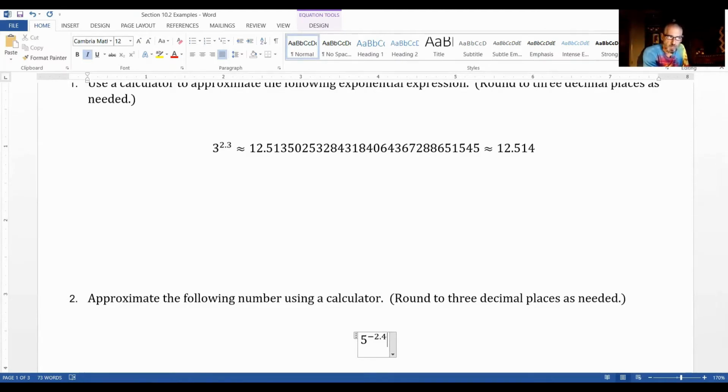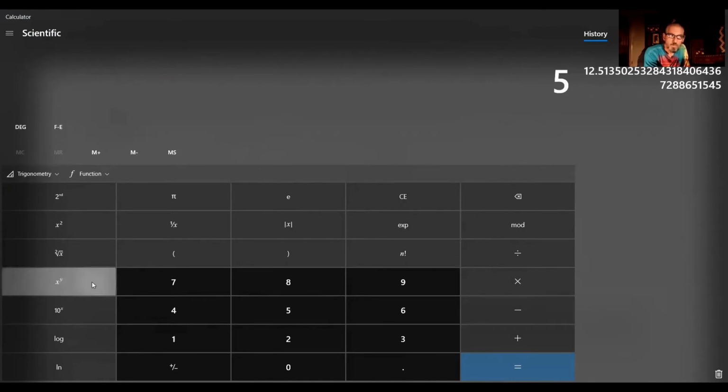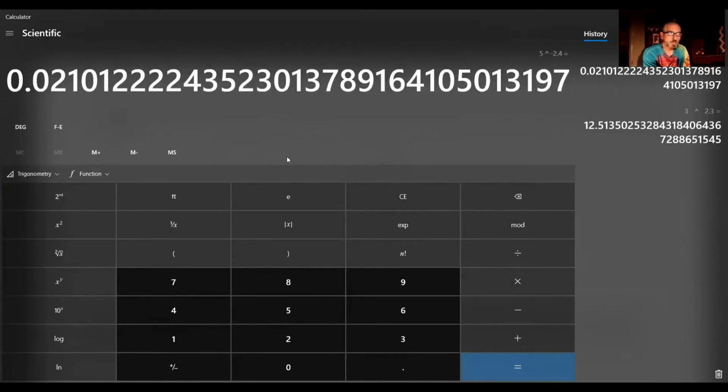The reason I bring up 1 over 25 is that negative exponent. Five to the 2.4, but change the sign. This is coming out smaller than 0.04, what I was mentioning earlier.